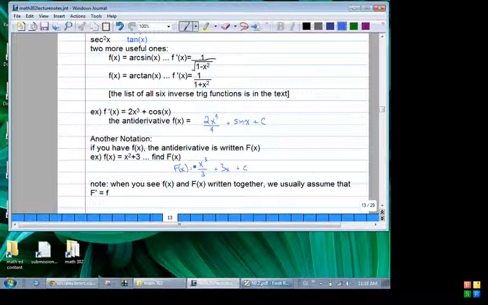So big F is x cubed over 3 plus 3x plus c. If you take the derivative of that, that's big F prime, that's just the same as little f, which is x squared plus 3. Okay. So my point is, don't get hung up in the notation. Just remember if you're taking a derivative or an antiderivative.